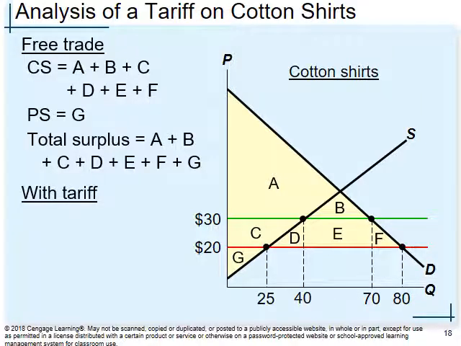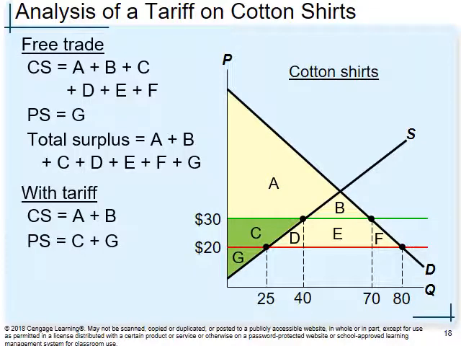So now we will consider what will happen when the government imposes a tariff of 10 euros, for example. Now the price has increased to 30 euros. So the consumer surplus is the area A and B, the area below the demand curve and above the price.